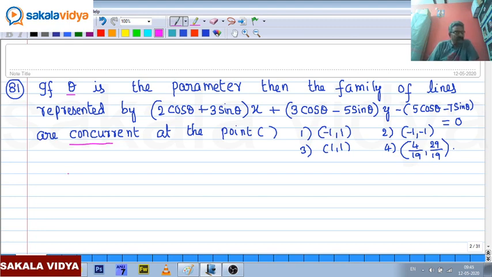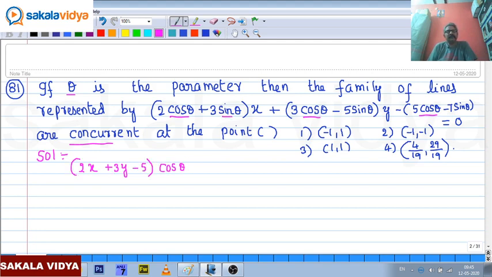See the solution. So take cos theta common. Here the cos theta coefficient is 2, so you get 2x, next plus 3y. Here minus 5 of cos theta we can write.